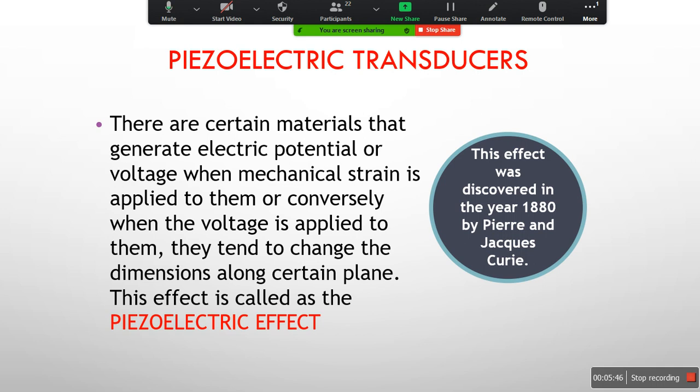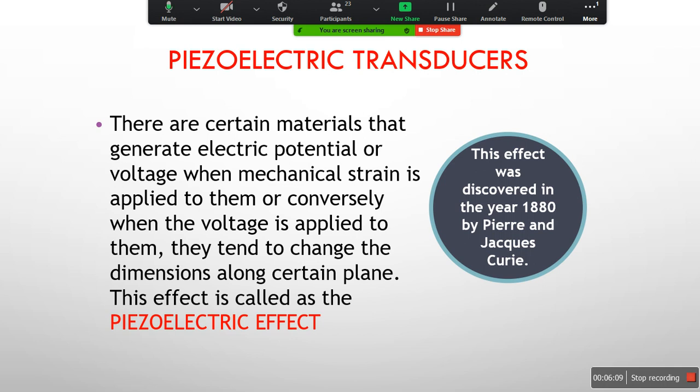And coming to the piezoelectric transducer. The name itself indicates it: a piezoelectric transducer is a kind of transducer which has a piezoelectric mechanism. So what piezoelectric materials are available? First of all, how do you construct this piezoelectric transducer?